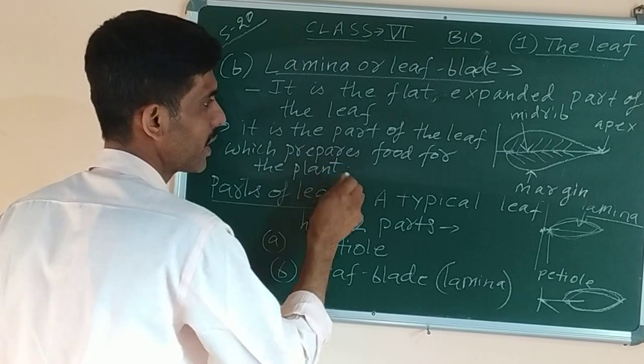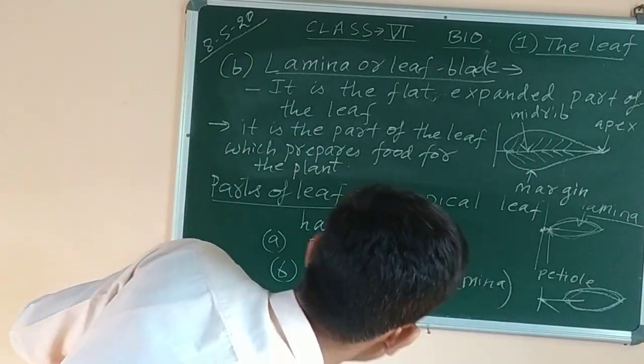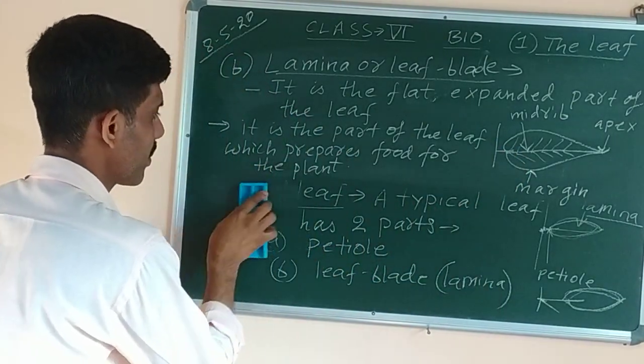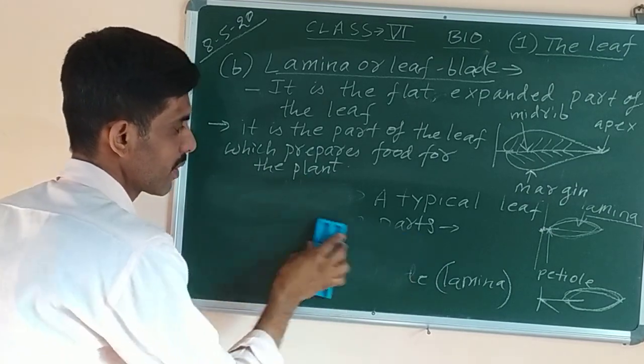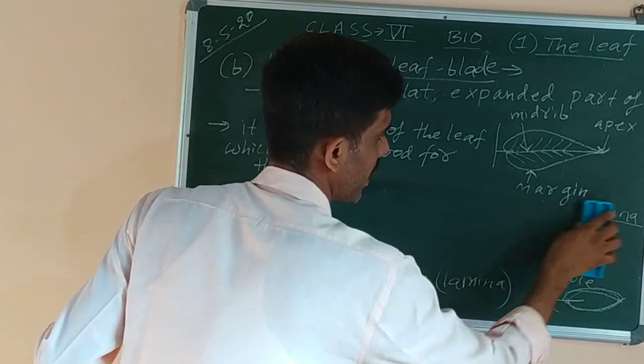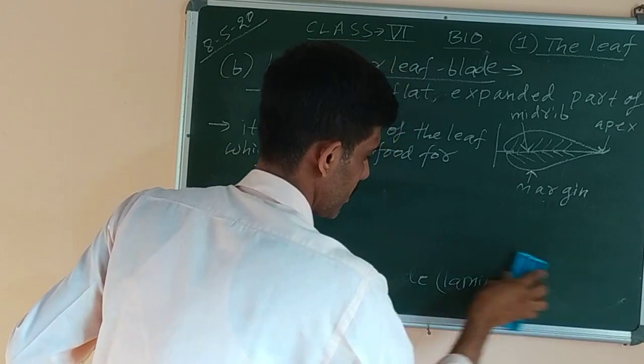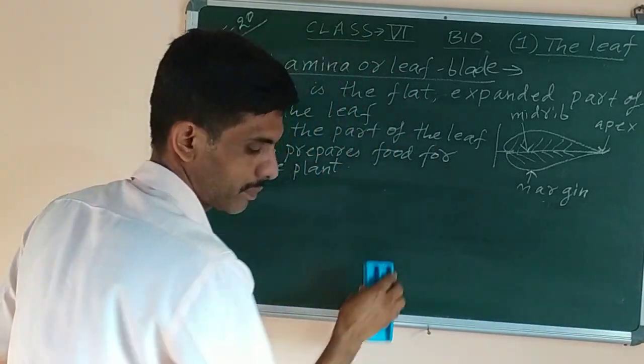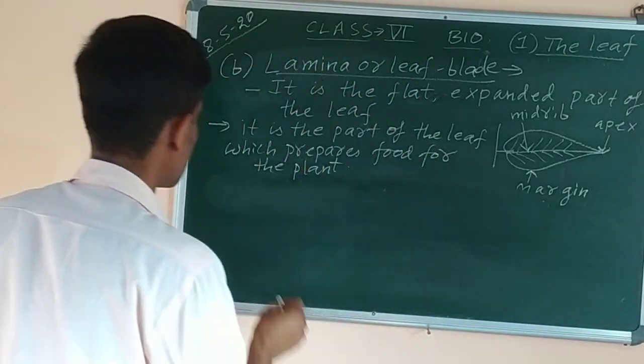Okay, food is prepared in the leaf blade or lamina. Now next we have to study, it's not yet finished, the more characters of this lamina. What are they? Okay, next one.